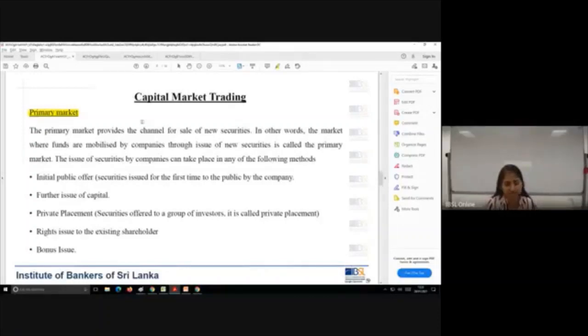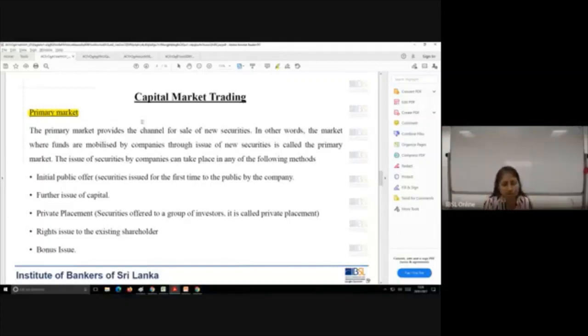We have discussed that in much detail. It's the new issue market. It's where you have the sale of new securities. An issuer and an investor meet in this security. The funds that the investor invests come to the company, the issuer. That's the primary market. So here the trade happens between an issuer and an investor.